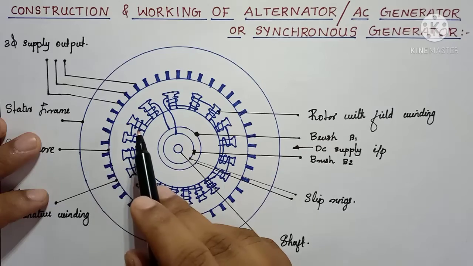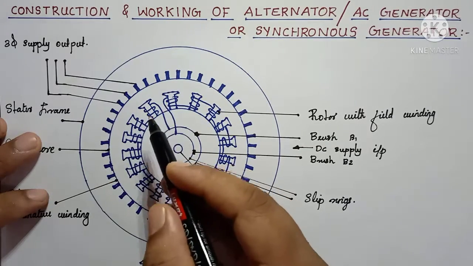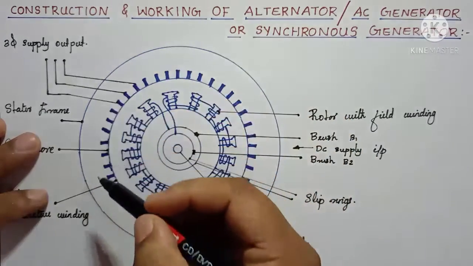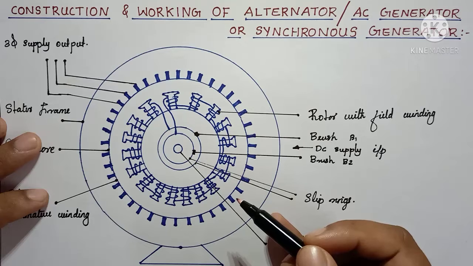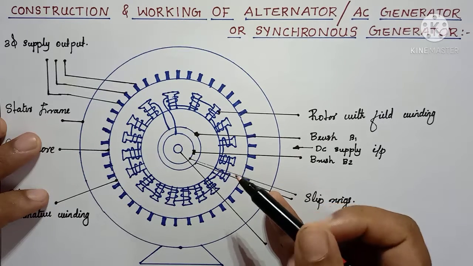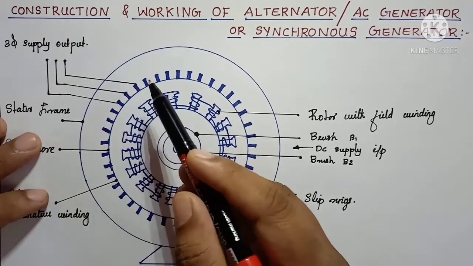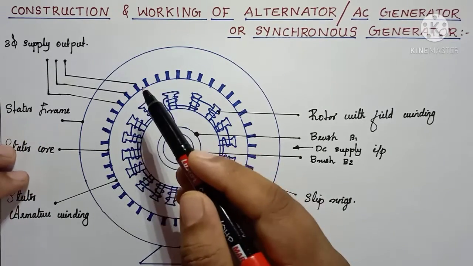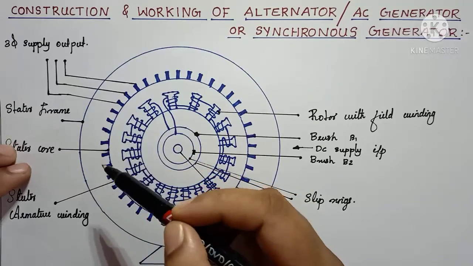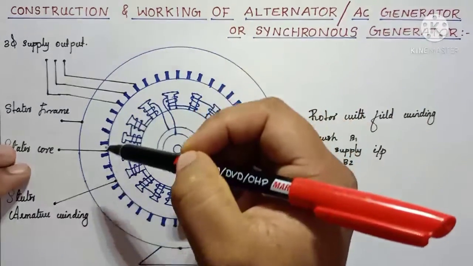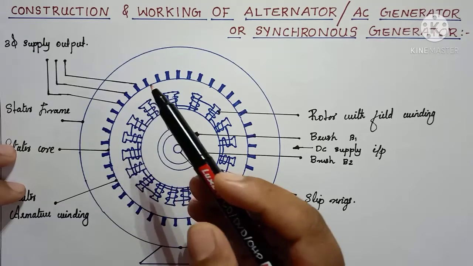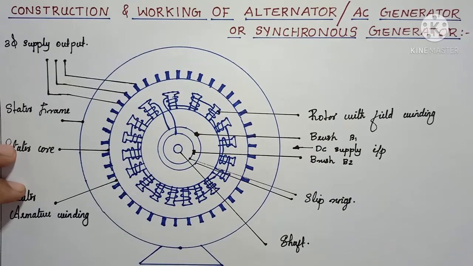So the relative motion between this rotating magnetic field and the stationary armature windings leads to the generation of current in the stator armature windings. Okay, and we can collect the induced or generated alternating current from the stationary armature winding.